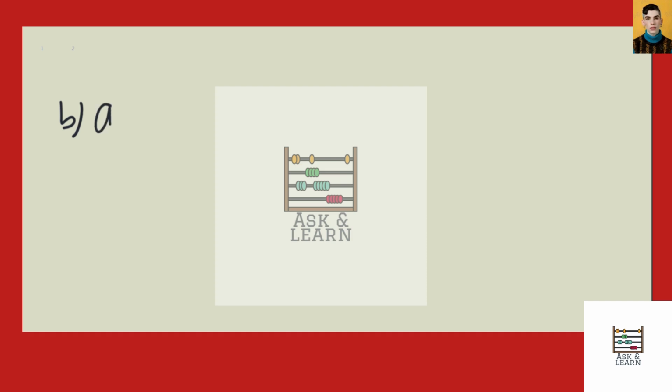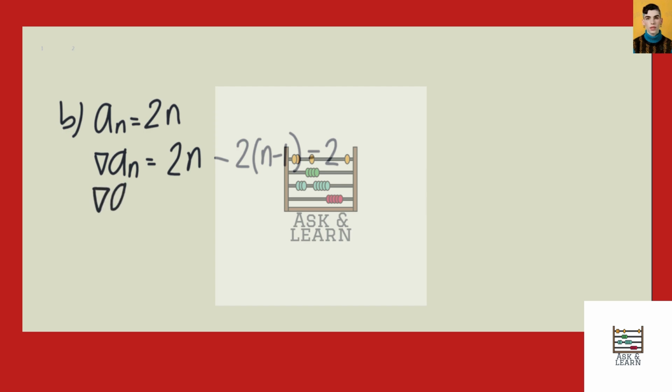In this one, our sequence an is equal to 2 times n. Okay, so we find the first difference. That's going to be equal to 2n minus 2 times n minus 1. So we're going to get 2n minus 2n, but plus 2, so that is equal to 2. Okay, so then we want to find this same difference at n minus 1.